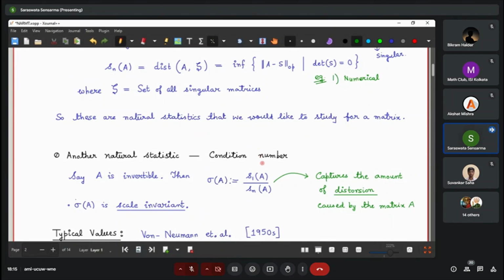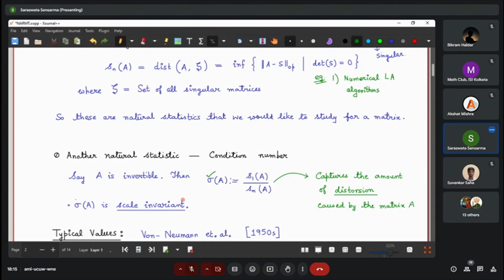For singular matrices, of course, you cannot find an inverse, but even if it's close enough, it becomes a very long procedure. So as it turns out, the time complexity of such algorithms is governed by this condition number.